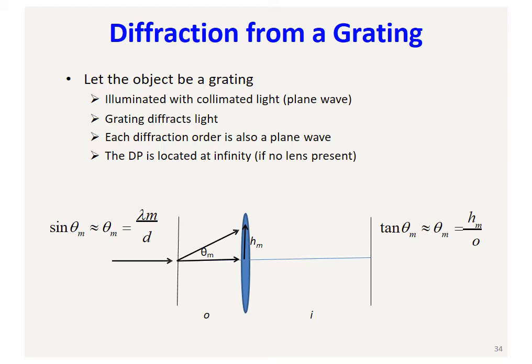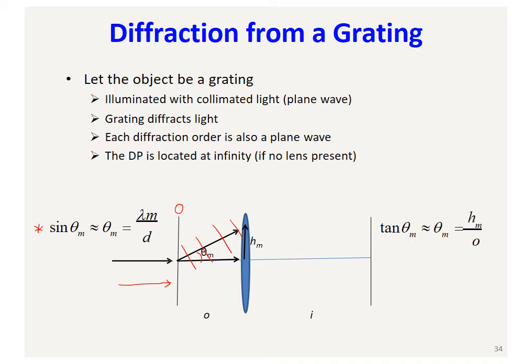So our object here is a grating. We're illuminating it with collimated light, so plane waves, and it will be diffracting. Each of these diffracted orders is also going to be a plane wave. The angle at which it's diffracted is given by the grating equation. The diffraction pattern would be located an infinite distance away from the object if we didn't have a lens there.